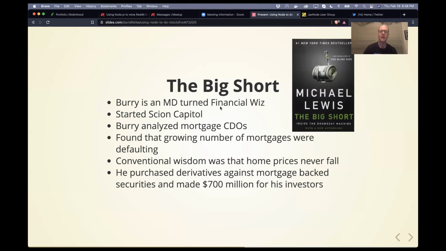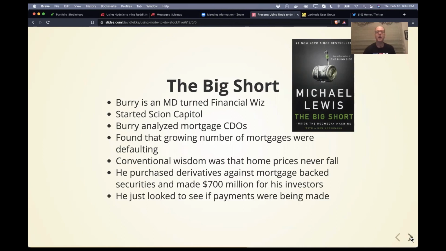And so he actually wound up making $700 million for his investors off of that. If you saw the movie, there's some drama involved with actually getting the investment banks and the credit agencies to actually admit that there was a problem. But once they did, he profited quite heavily.